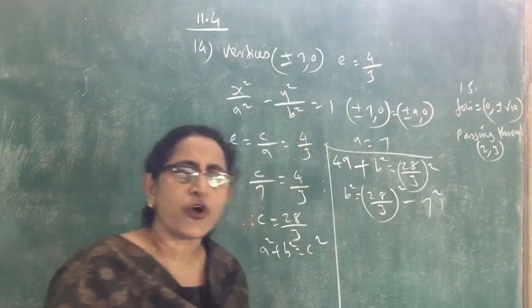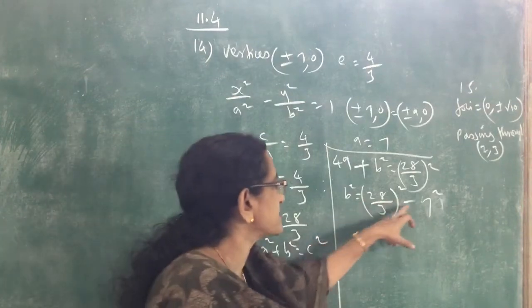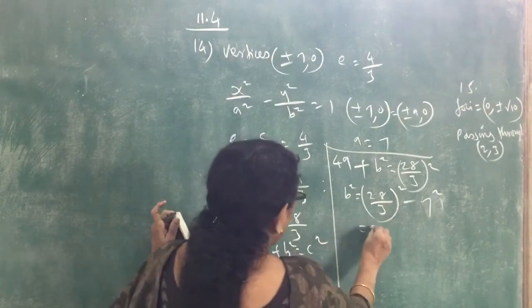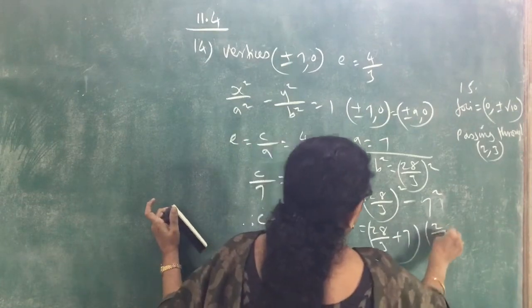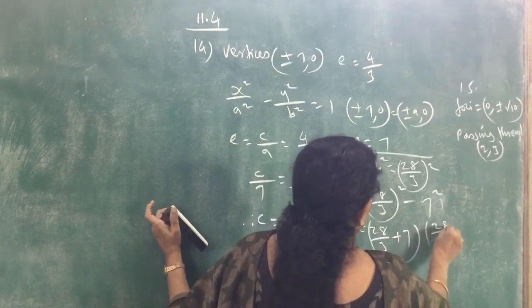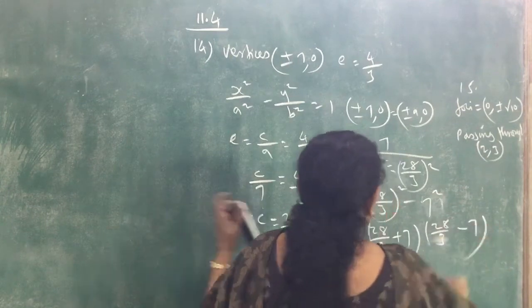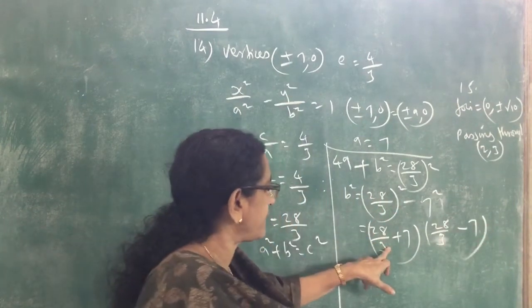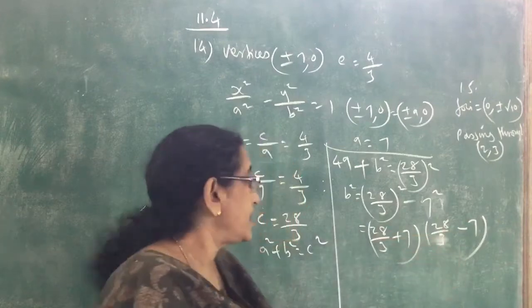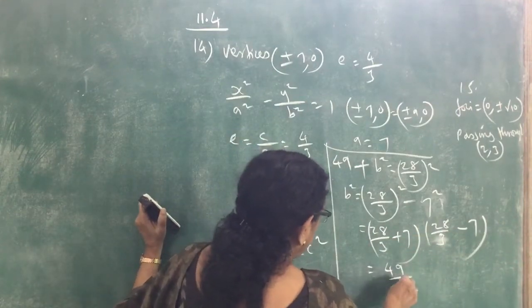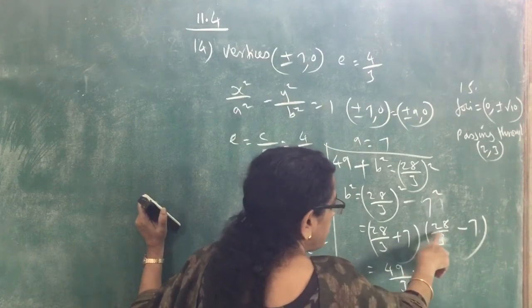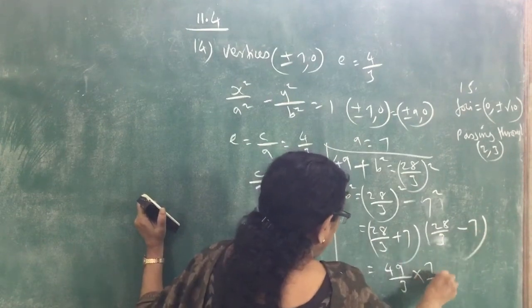Now we can use the formula a square minus b square equal to a plus b into a minus b. That is 28 by 3 plus 7 into 28 by 3 minus 7. That is 28 plus 21, that is 49 by 3, into 28 minus 21, that is 7 by 3.